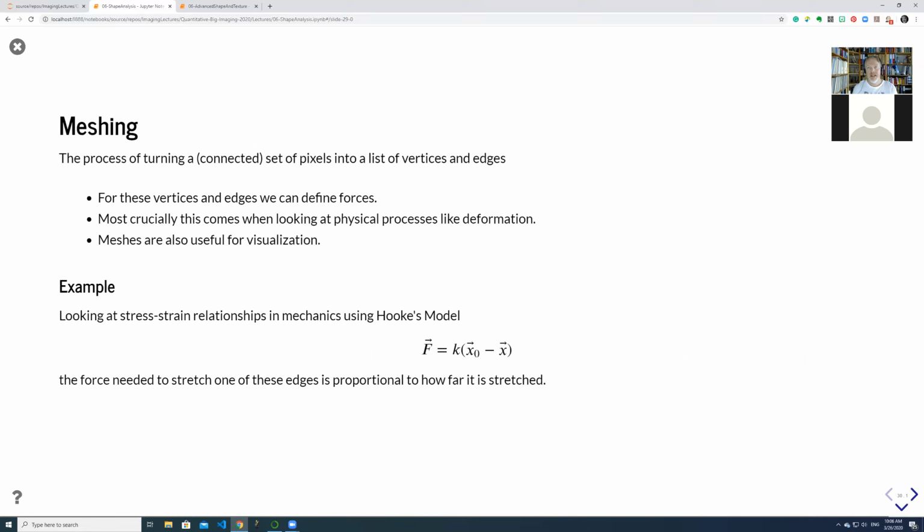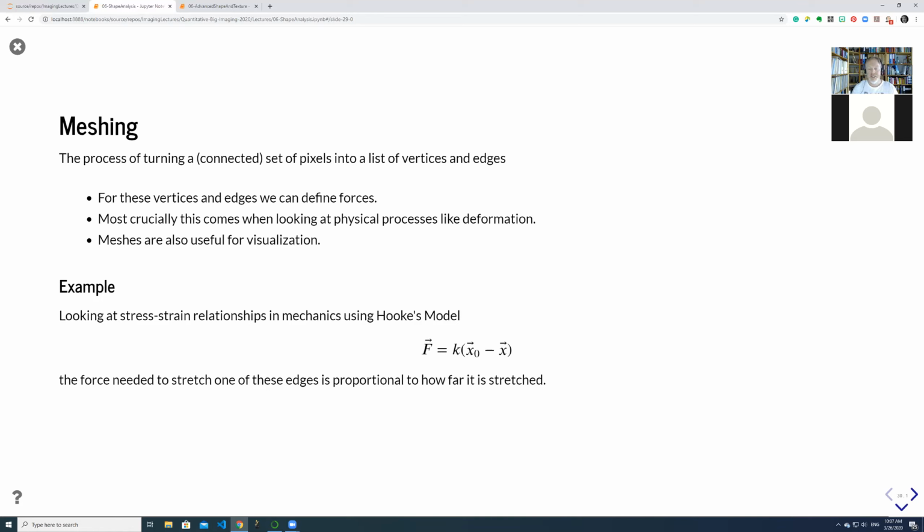What we do until now is we have our objects, but sometimes it's difficult to do any further modeling on them. So we need to describe the surface in a more abstract way, and this is using vertices and edges that span up the surface of the object.